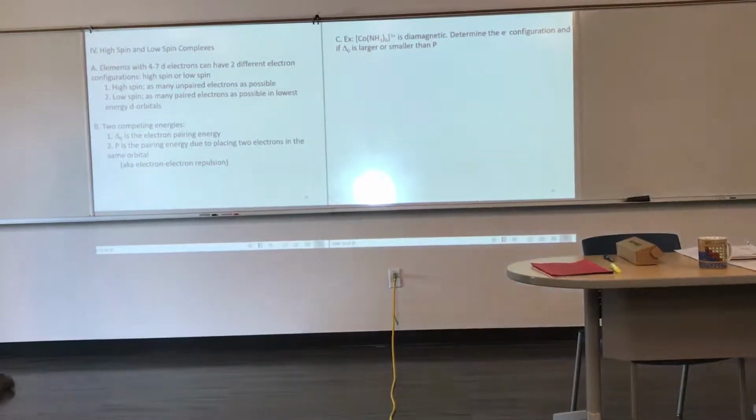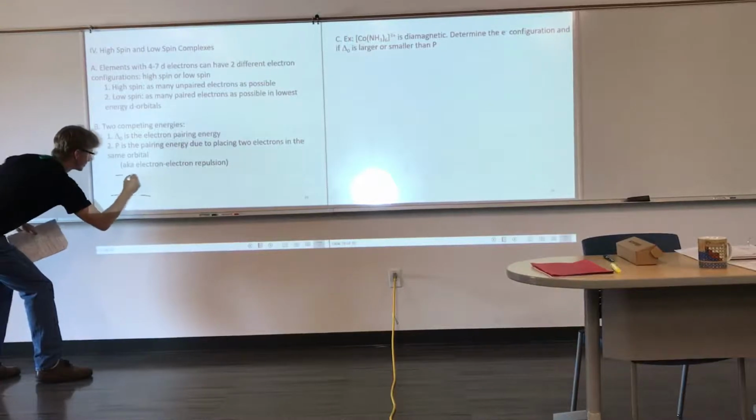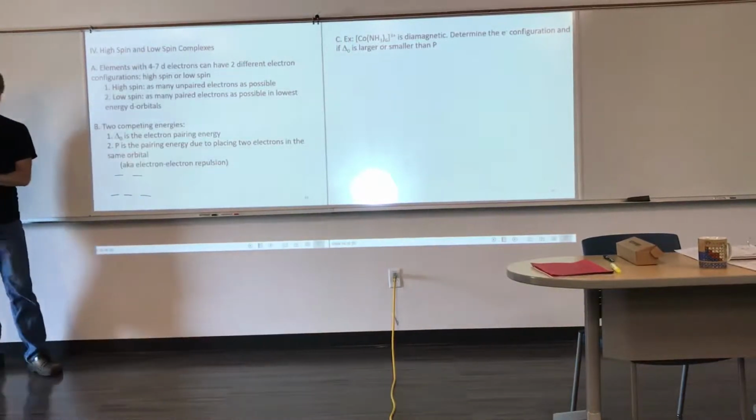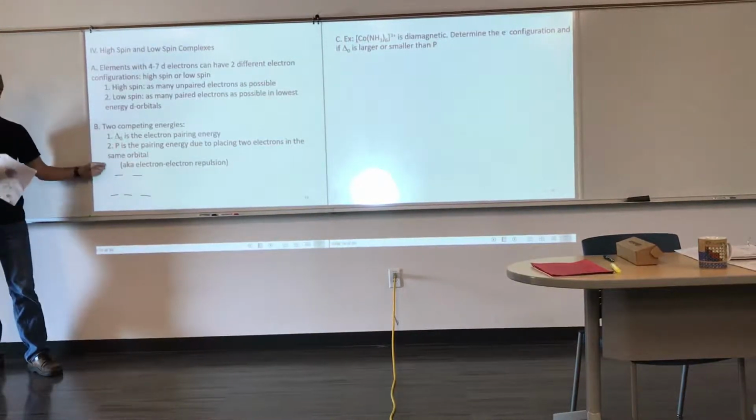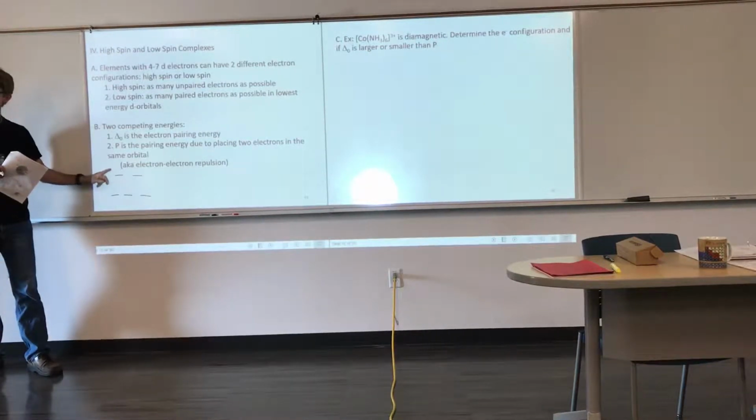And the idea being that, specifically for octahedral, since this is the octahedral splitting, as you go from the lower to the upper, the whole point is that these d orbitals are at a higher energy.